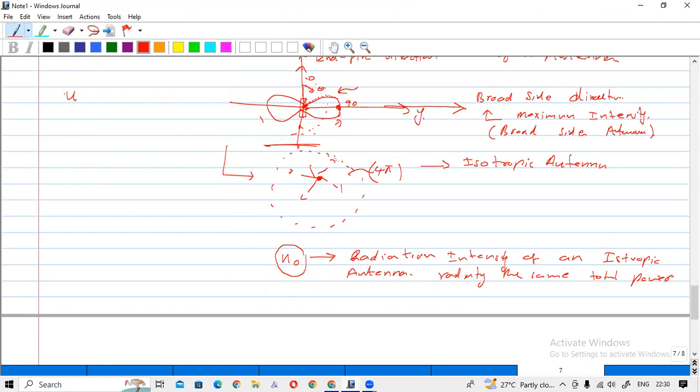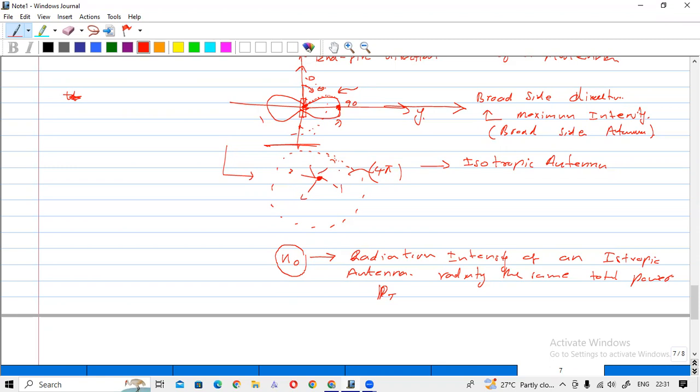So I told you that an isotropic antenna means it is radiating uniformly through the whole 4π steradians, the solid angle that completely covers the sphere.